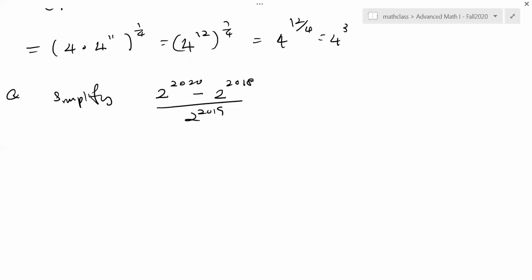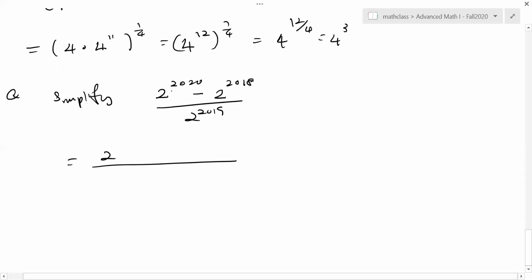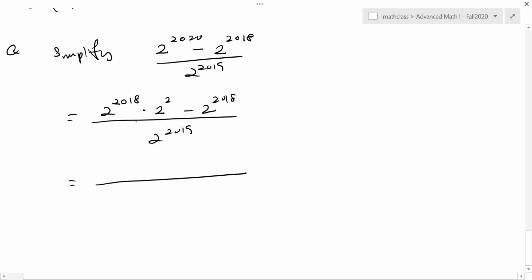All right, so 2 to the 2020 is a very large number, right? But we can simplify it. 2 to the 2020 is 2 to the 2018 plus 2, so 2 to the 2018 times 2 squared, minus 2 to the 2018. Right? So you can take out 2 to the 2018, but then 2 squared minus 1 would be 3.